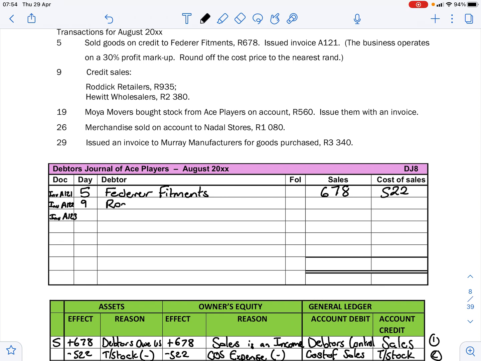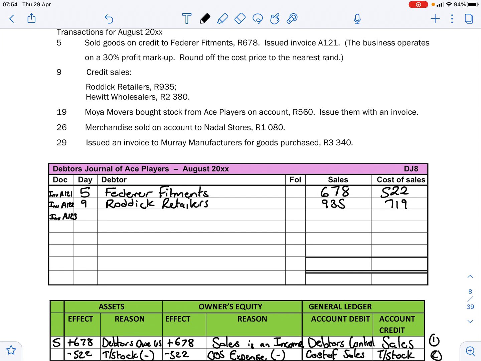The first one was to Roddick retailers. And they tell us that that was 935 Rand. We take 935 and we divide it by 1.3, which should give us 719 Rand as a cost price.